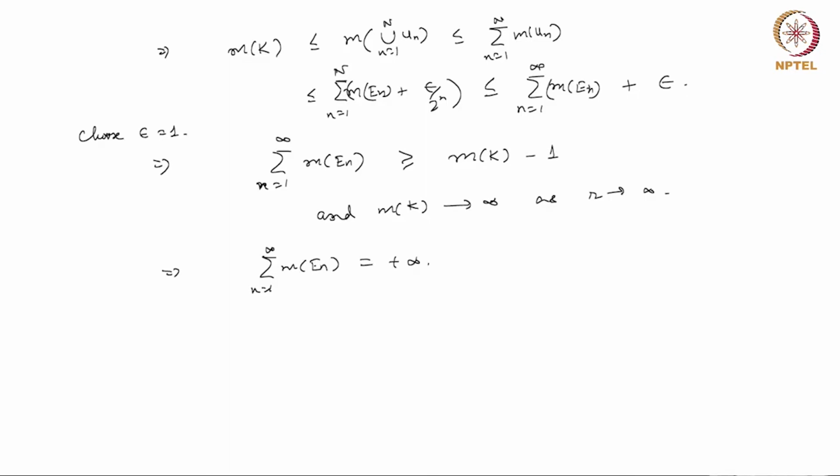So we have finally proved that the elementary measure m bar on the elementary algebra is a pre-measure, and once we have a pre-measure, then we can use the Hahn Kolmogorov extension theorem to get a measure.